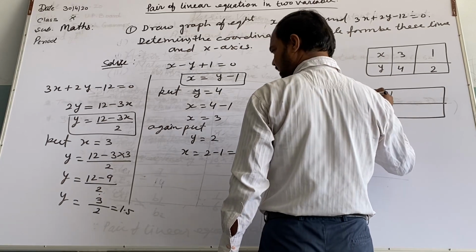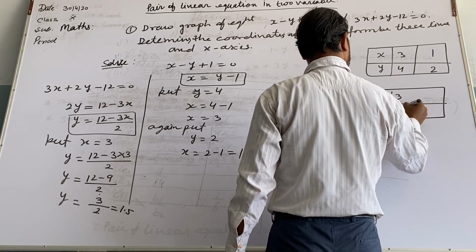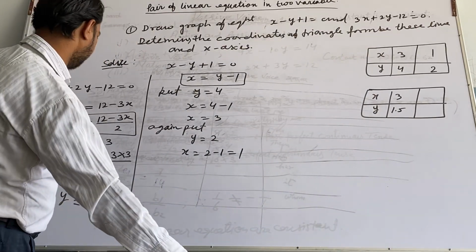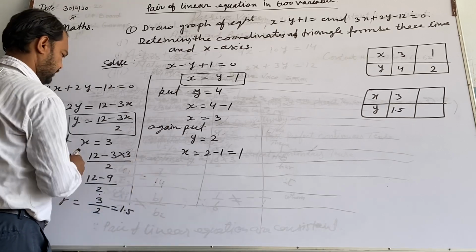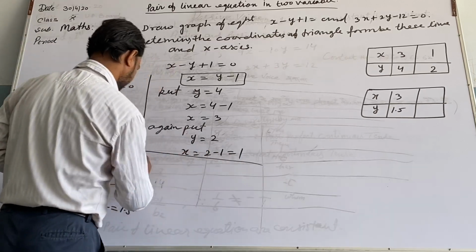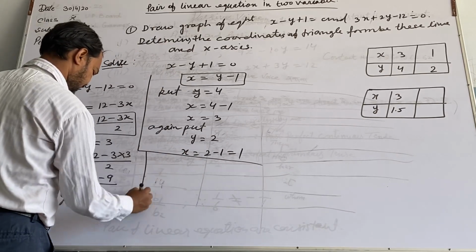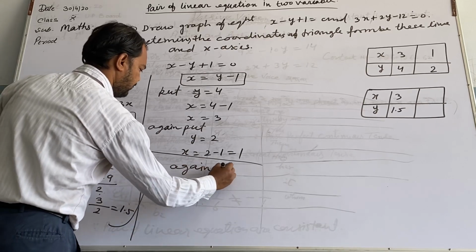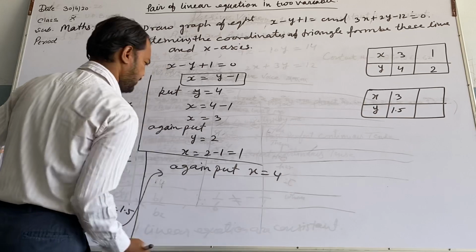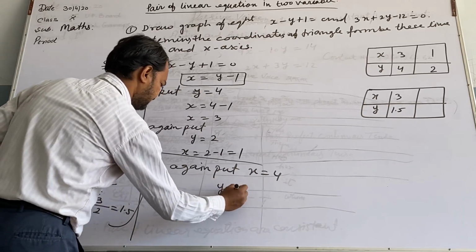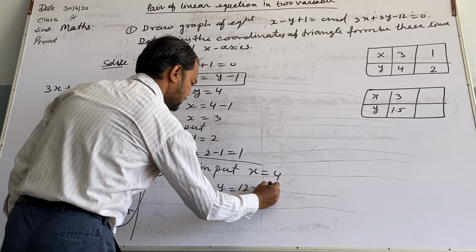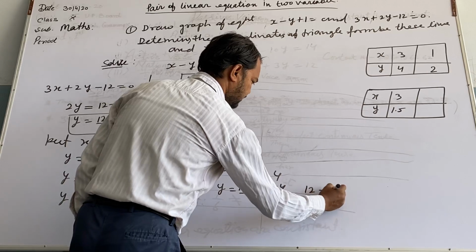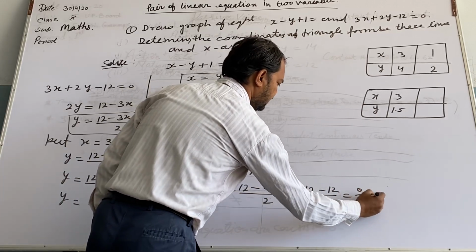Now make another table: x equal to 3, y equal to 1.5. Again put x equal to 4, then y equal to 12 minus 3 into 4 upon 2, that is 12 minus 12 upon 2, that is 0 upon 2, that is 0.